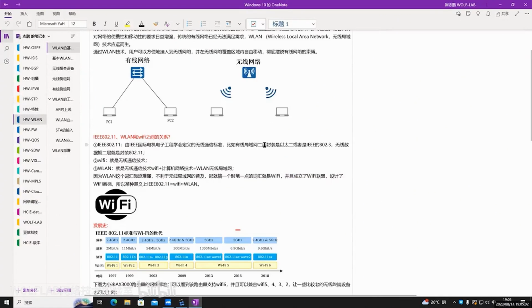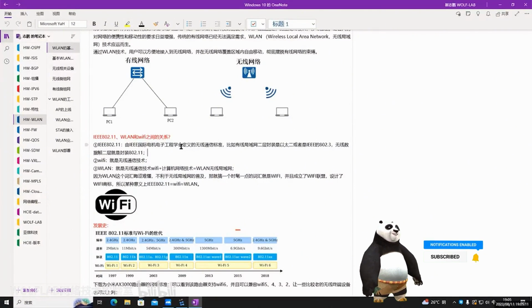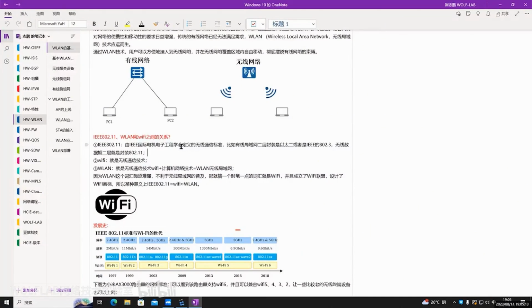What encapsulation format is used for wireless data packets? Our wireless data packets transmit through electromagnetic waves in the air. Our wireless beacon packets, what encapsulation format do they use? It's 802.11.